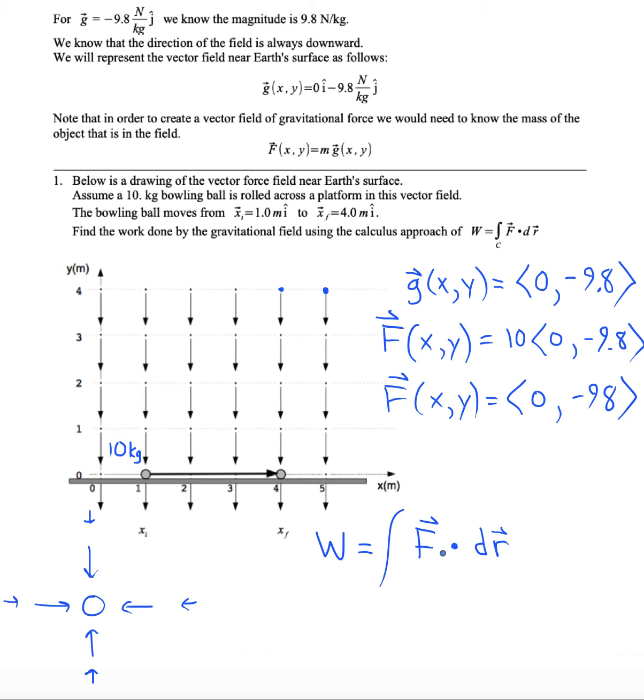Now, when we have a dot product of vectors like this, it's a little bit more complicated than just a normal integration along one dimension. What we're going to use here is a line integral, or an integral across any curve of our choice. In this case, it happens to be a straight line, which is kind of an easy one to start with.